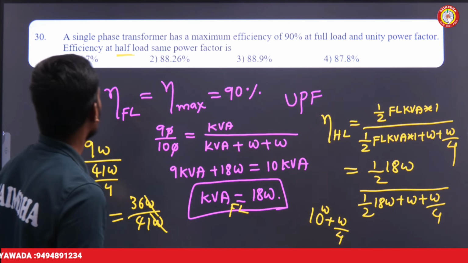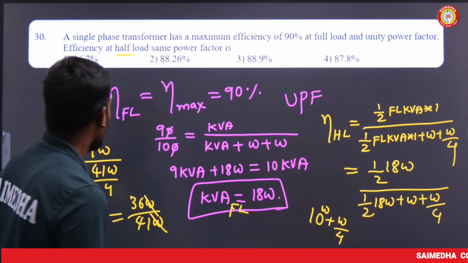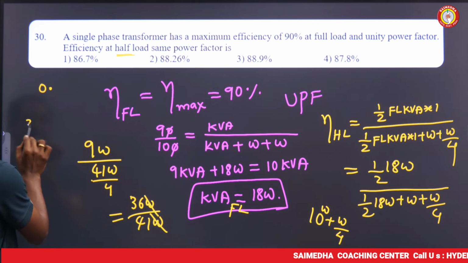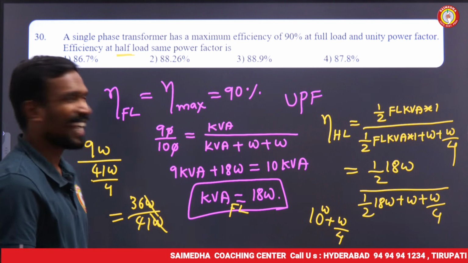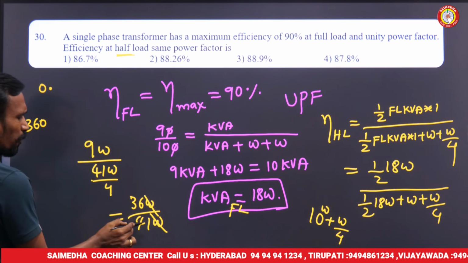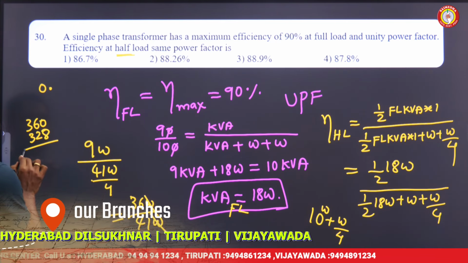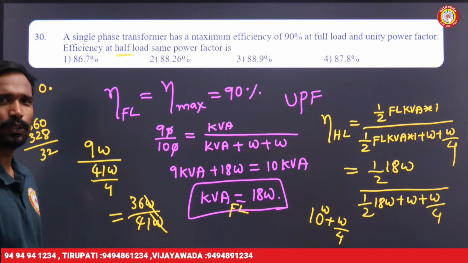All our approximate answers are there, but we need to calculate clearly. 0 point, nothing but that is 360. 8s are 4, 8s are 328. 328, nothing but 32 will be there.